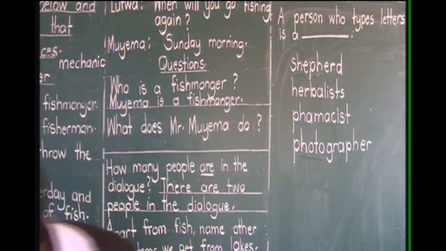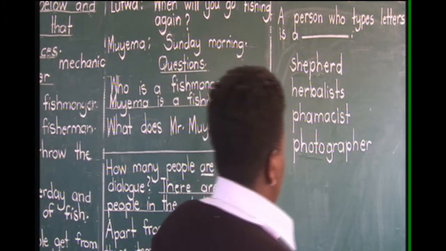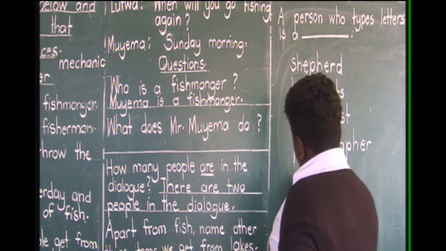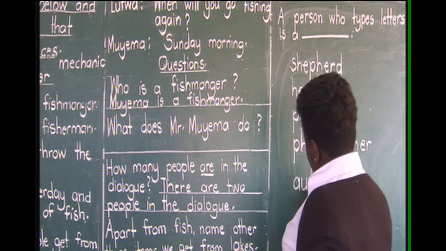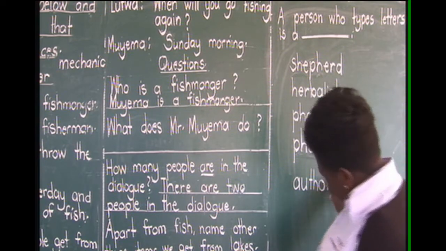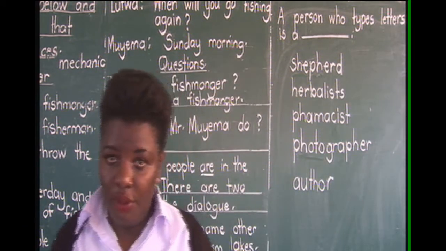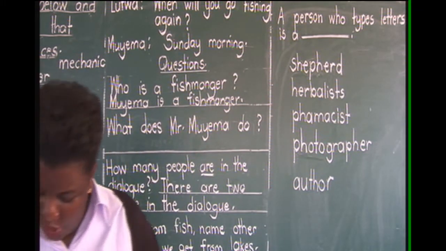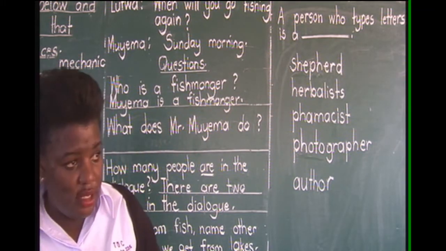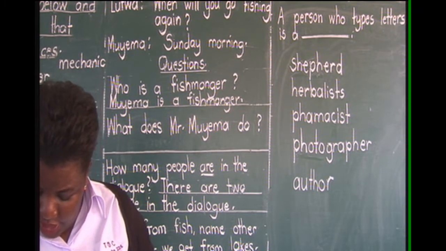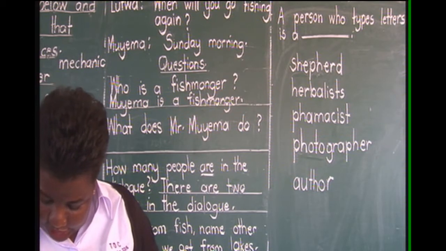An author. Author. So that is the person who writes books or novels. I catch fish, you know that. I sell fish. I believe you know that.